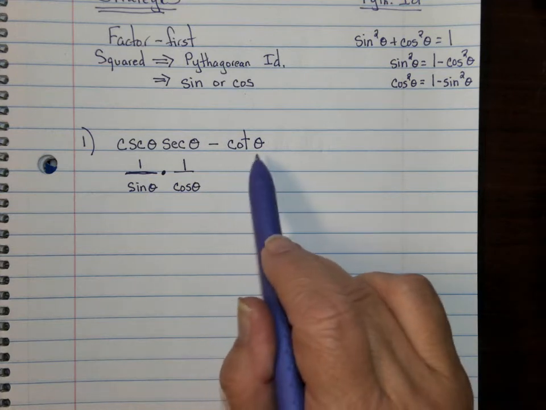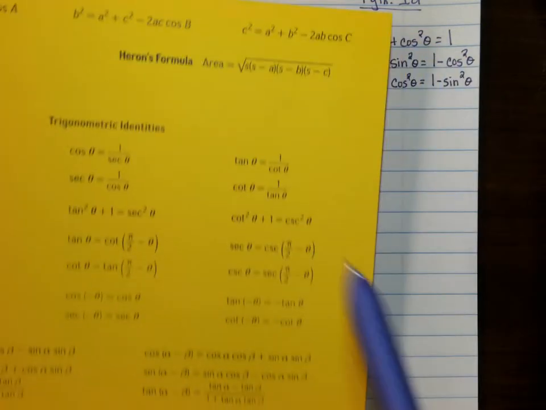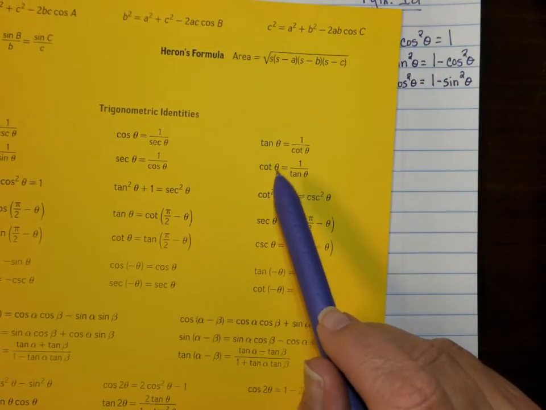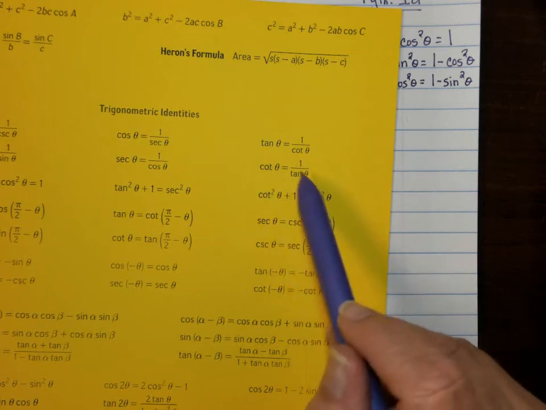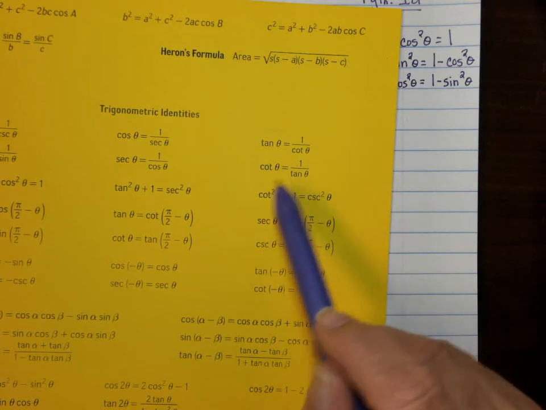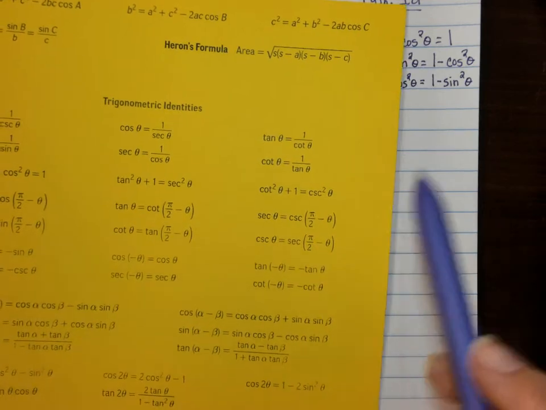Now then I've got to do cotangent of theta. So with my reciprocals, cotangent is 1 over tangent, but that's not really going to help me get down to sine and cosine. Like, I could do that, but it's going to be a longer route.